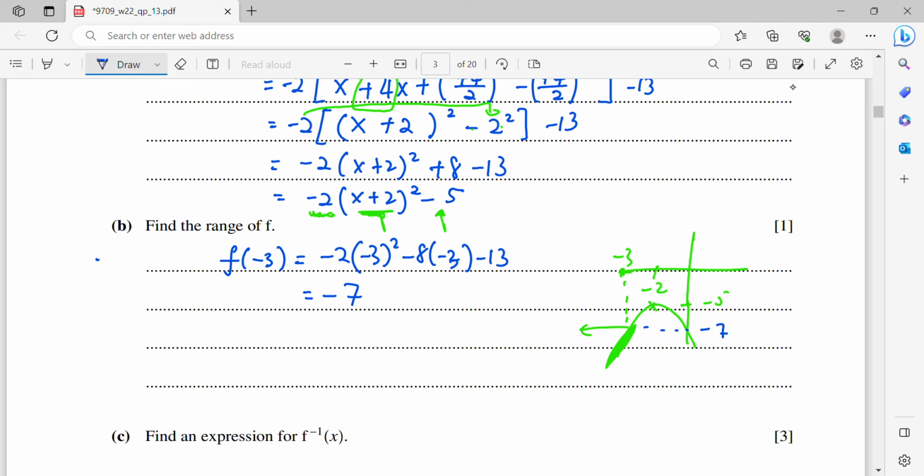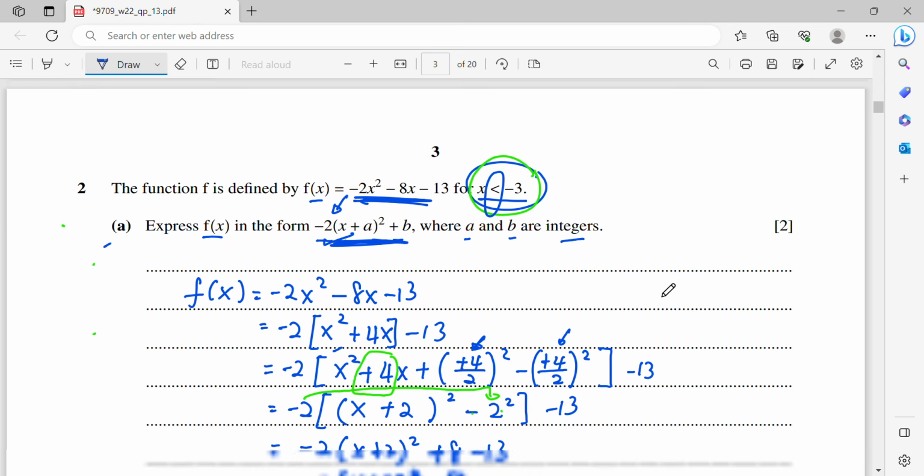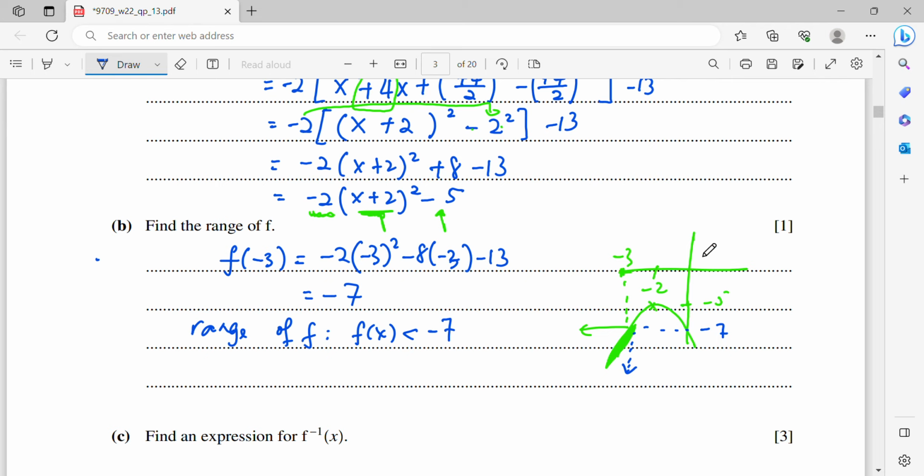So now, based on the graph, all your y values will be below or less than minus 7, because it's towards the negative part. I mean, it will be going down the graph. So now I will write range of f(x) is basically less than minus 7. Alright, so we use less than minus 7 without the equal sign because your x does not have the equal sign. Alright, so that is the solution for the part B.